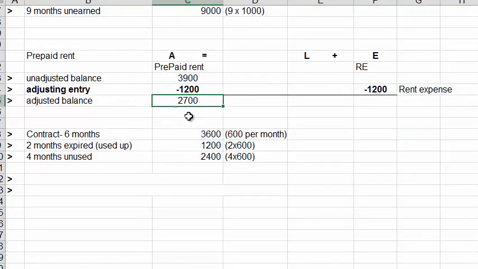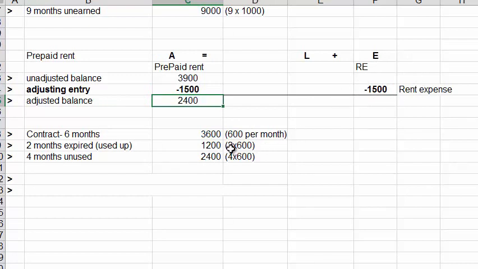So what we know is, if indeed that $300 would have been used up during year 3, and it's likely in this case, our adjusting entry would need to be for $1,500 to get the prepaid rent account correct. So we would need to record $1,500 of rent expense for year 3. What's that $1,500?